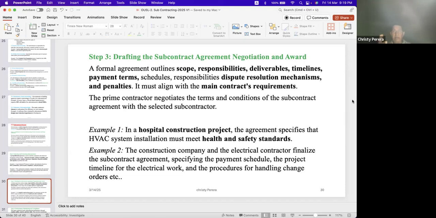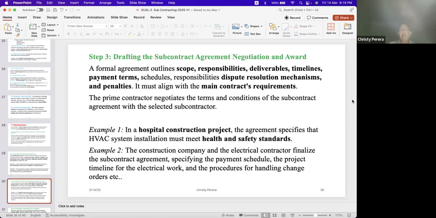Now, for that example, the Samsung and the Sri Lankan company, if it came to a dispute, you will have to go to the dispute resolution mechanism. First, you will have to see whether that is there in the agreement. If it is not there in the agreement, you can't do anything. And penalties must align with the main contract's requirements.